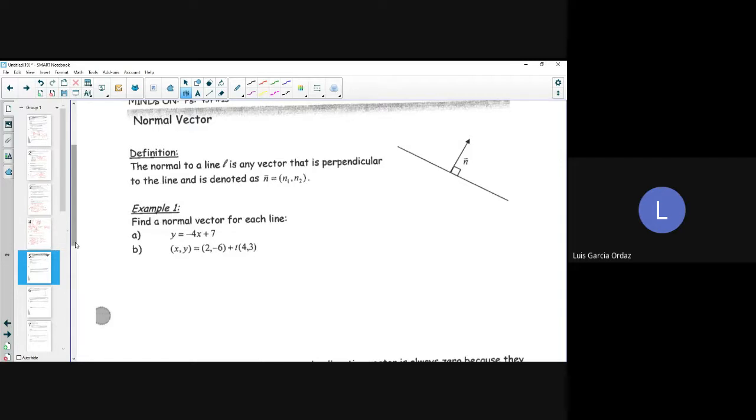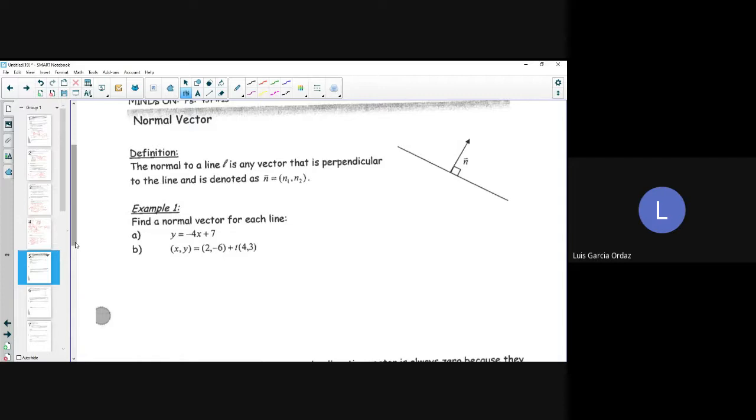Should be super easy. I would be very concerned if you guys didn't know how to find the perpendicular slope. Yep, so the dot product is 0, or you just take the negative reciprocal.